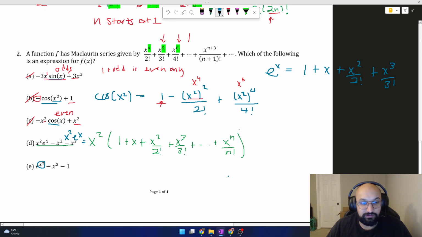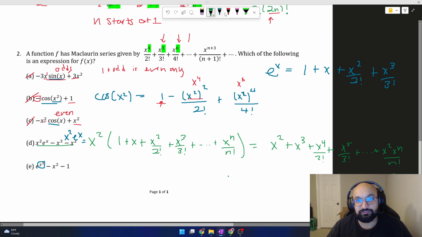That's what I did in power series. Now simplifying that a little bit, we could see that turns into x squared plus x cubed plus x to the 4 over 2 factorial plus x to the 5 over 3 factorial, plus dot dot dot, and x squared times x to the n over n factorial can be re-represented as x to the n plus 2 over n factorial.